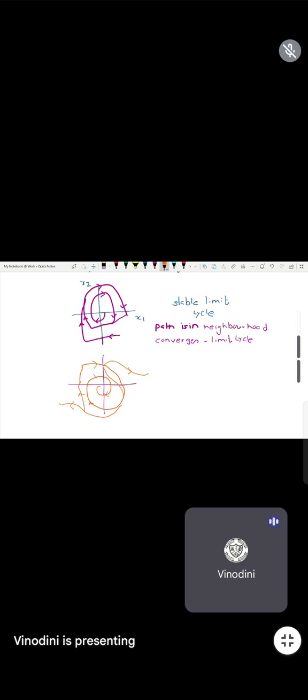So we can decide its path. It is going away from it. So these are the unstable limit cycles.